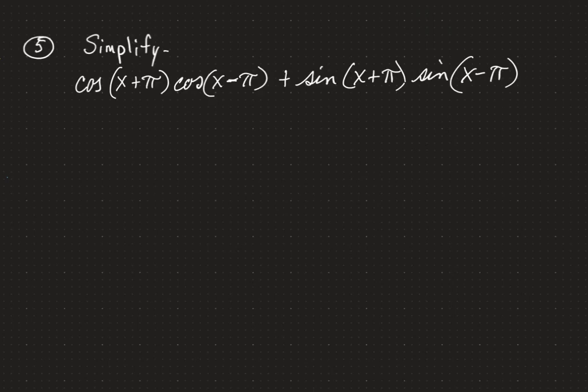All right, one final example here. Simplify this expression. Boy, that could use some simplification. Let's do some color coding, though. Take a look at this. We have the cosine of x plus pi, and we have the sine of x plus pi. We also have the cosine of x minus pi and the sine of x minus pi. That looks like here's our alpha, here's our beta.